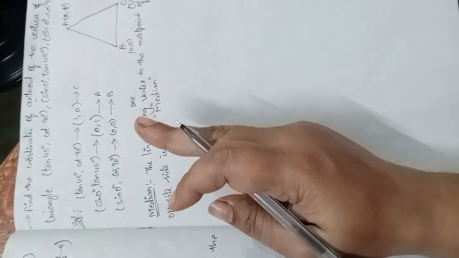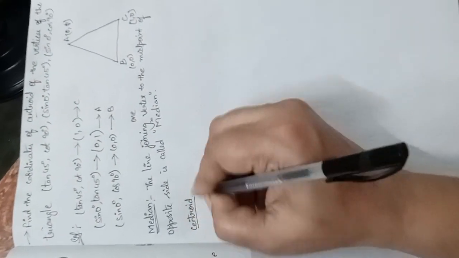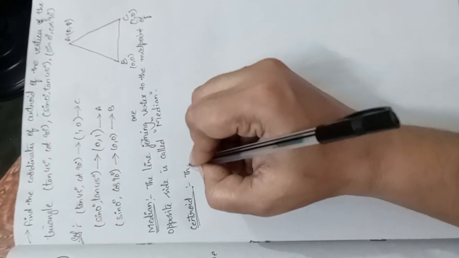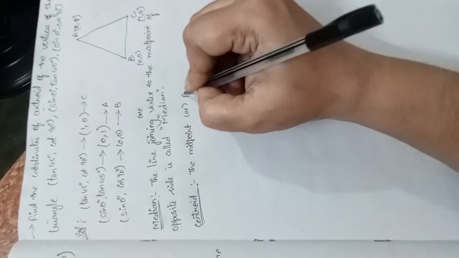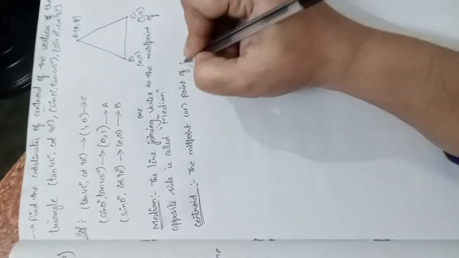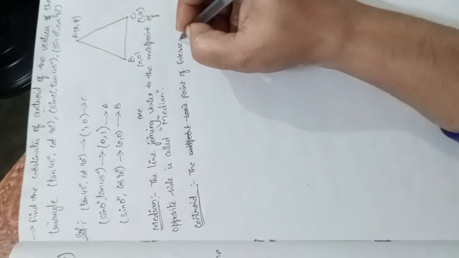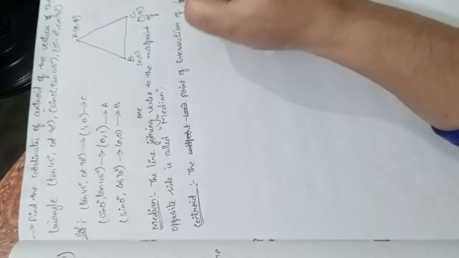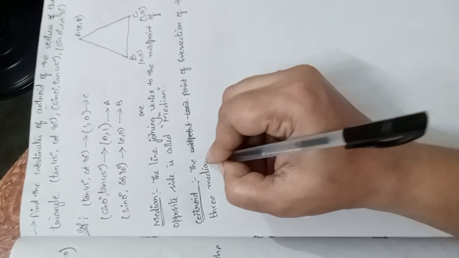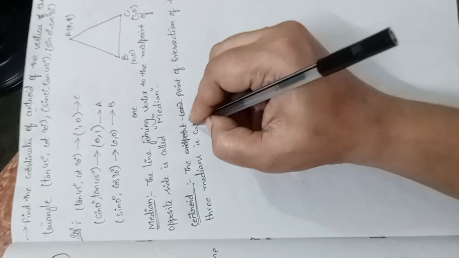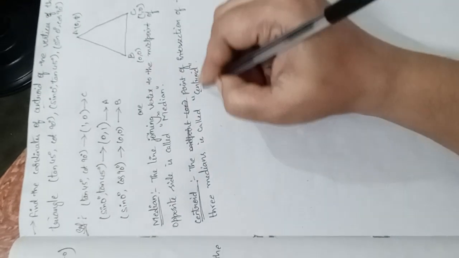Next, coming to the word given in the question, that is centroid. What is the centroid? The point of intersection of the three medians is called the centroid.